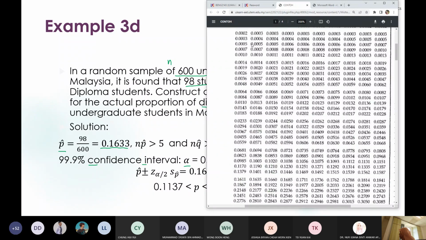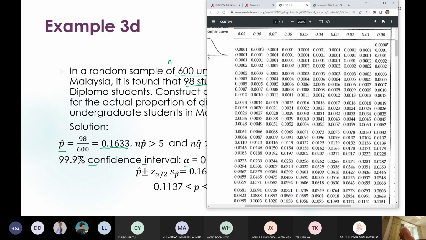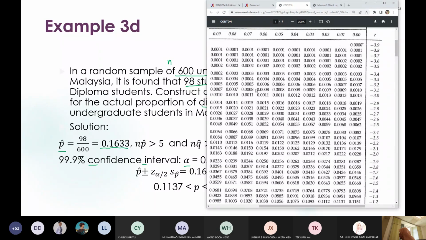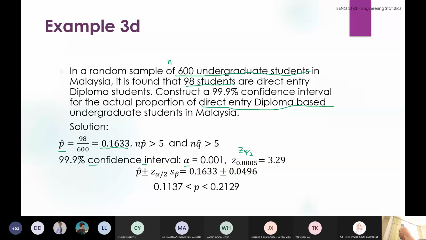So this value, and this column, 30. That's why we get 3.28. It's supposed to be 3.28 based on the table.